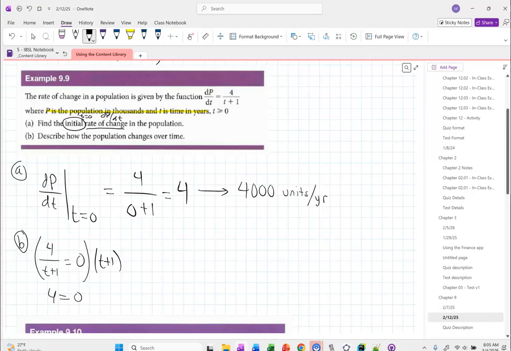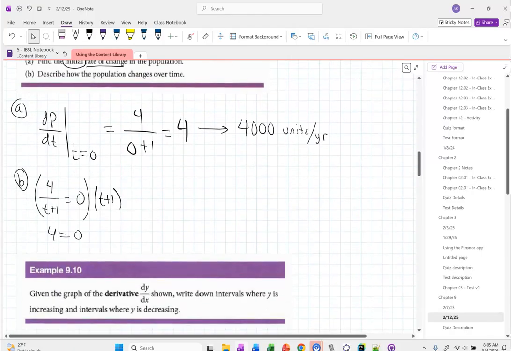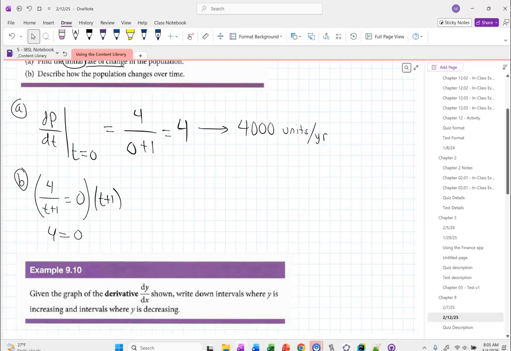What's that mean? Did we make a mistake? No, you're on the right track. We got 4 equals 0. Is that true? No. What is that telling us then?